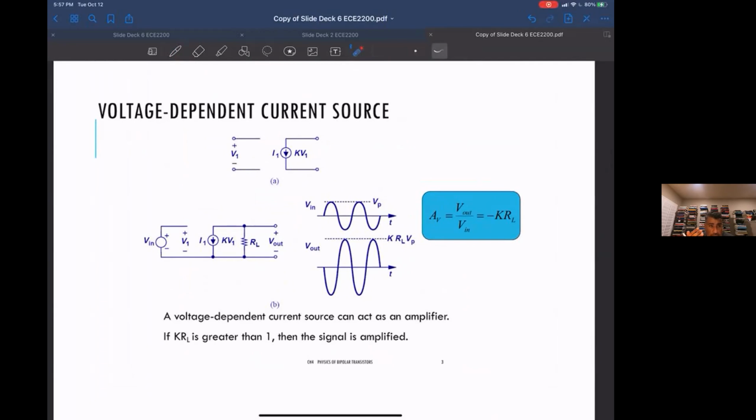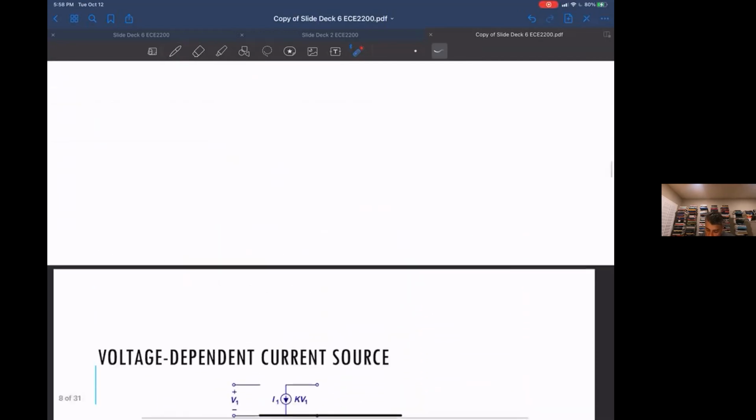I'll talk about how you can get gain out of a voltage dependent current source first, before we talk about how a transistor maps into one. So in this slide, we're just talking about what it would look like if we had a voltage dependent current source.